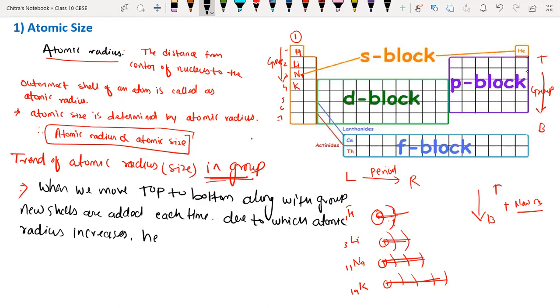Hence, atomic size also increases along the group.